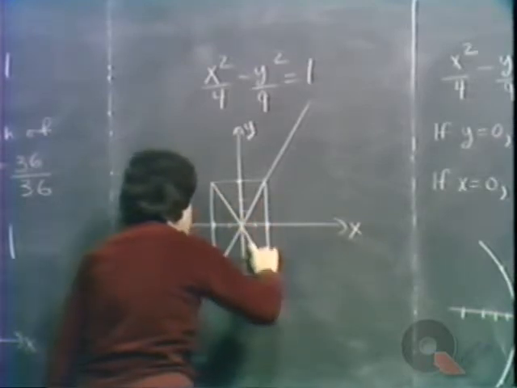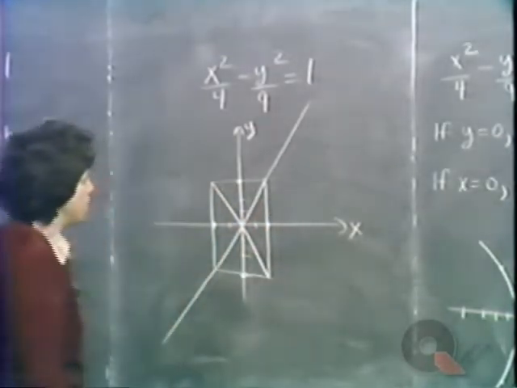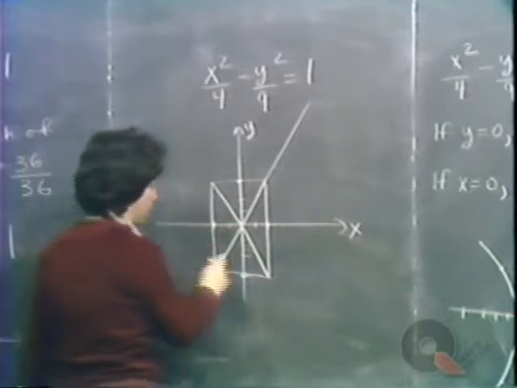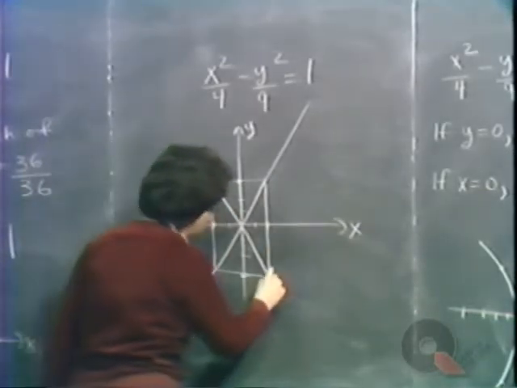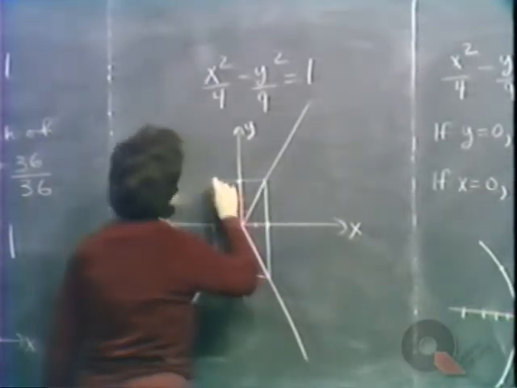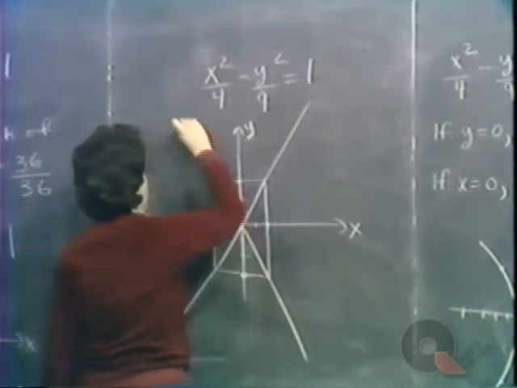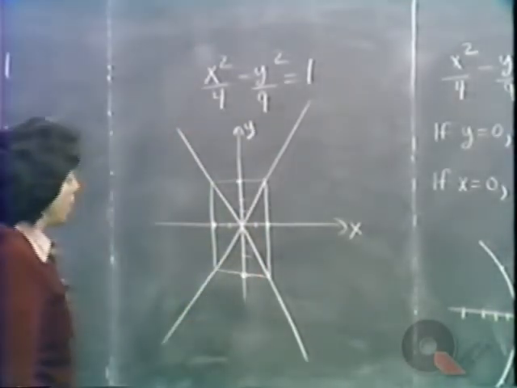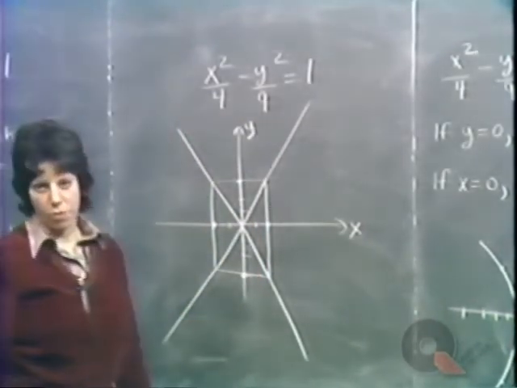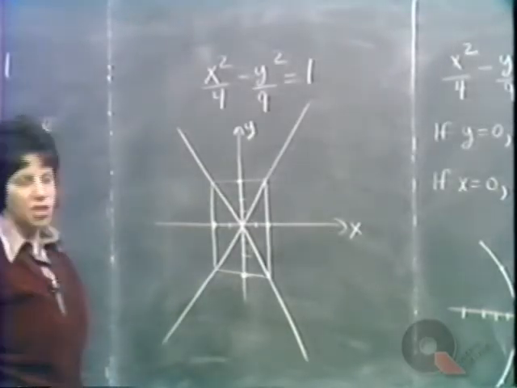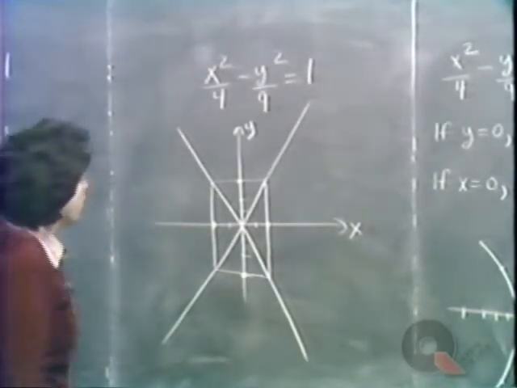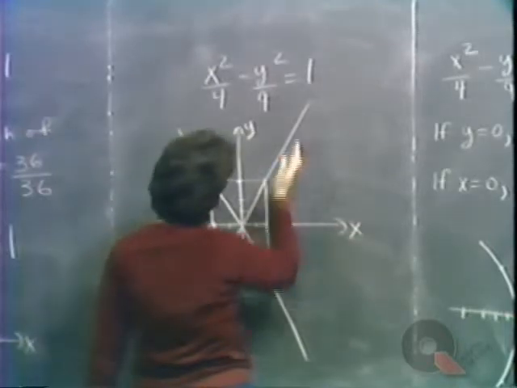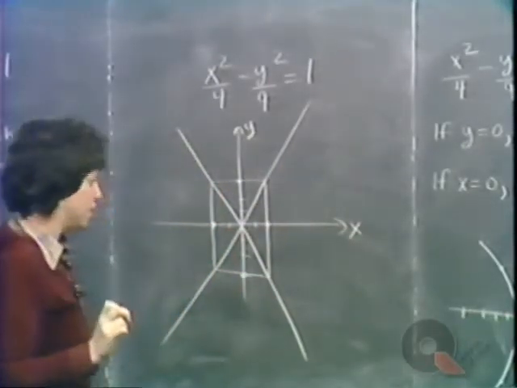Let's connect the opposite corners of the rectangle. They will pass through the origin; extend them. These lines that I've drawn are called asymptotes. They are useful guidelines in sketching the hyperbola. They are lines that the hyperbola gets very close to but doesn't quite touch.